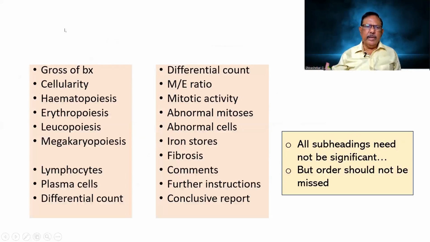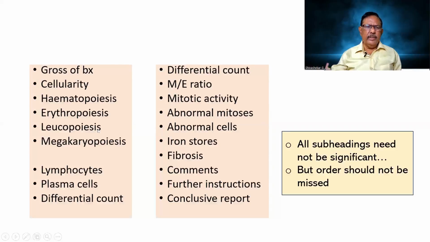So all the subheadings always need not be significant. You can choose whatever is important. For example, in a biopsy, what are the gross appearances? Then the cellularity, hematopoiesis, erythropoiesis, leukopoiesis. One word is sufficient. All the three lineages are being suppressed. Megakaryopoiesis is being suppressed. Lymphocytes and plasma cells are relatively increased.